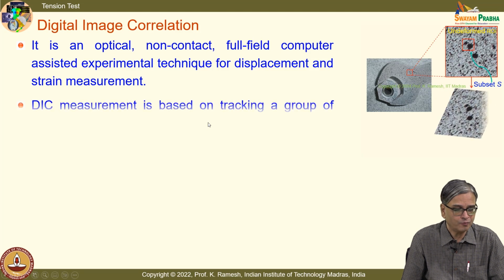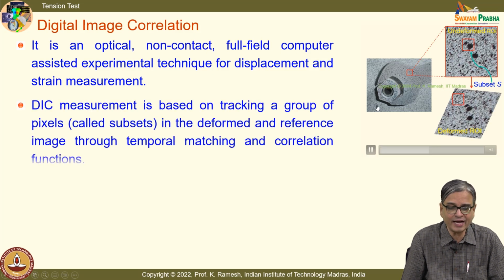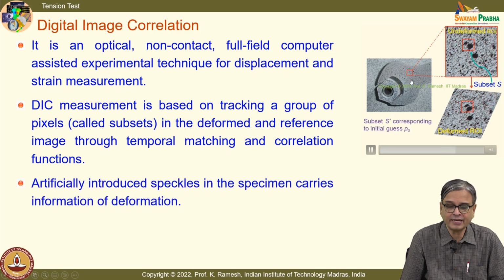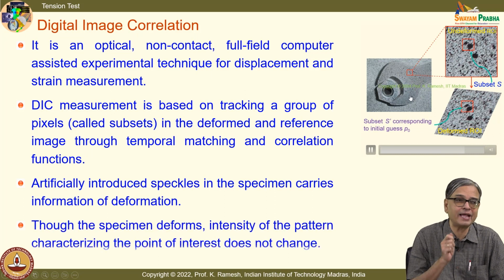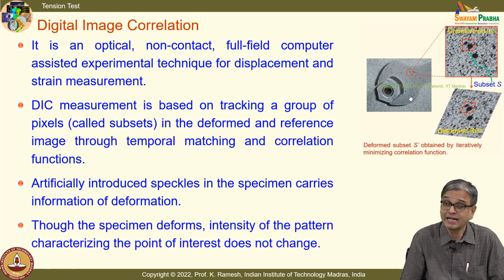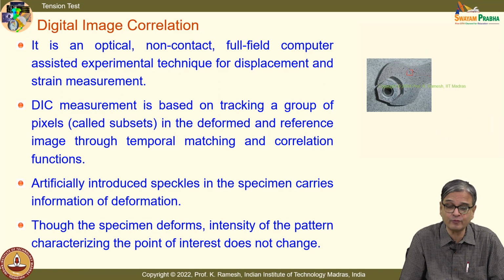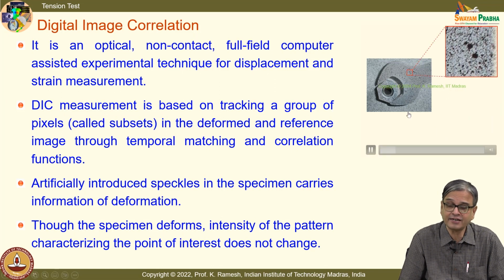And you have to spray the specimen with speckles. You actually have a white background, on that you spray black dots. That requires skill. See, the measurement accuracy depends on how well you have generated the speckle. They should be sufficiently random.